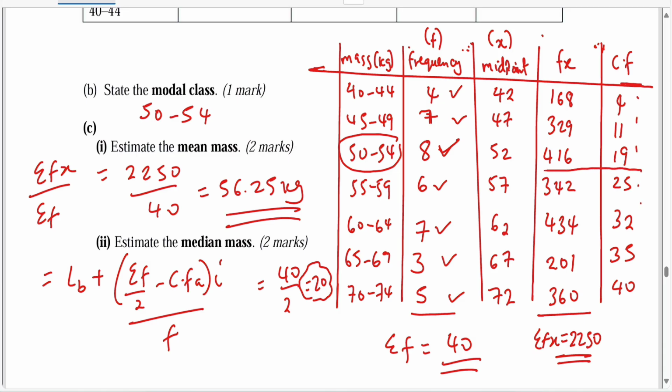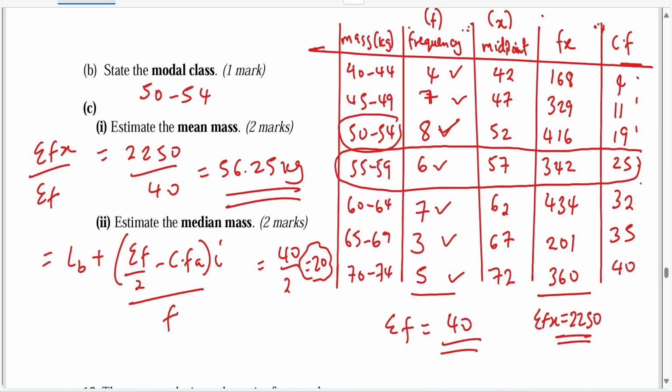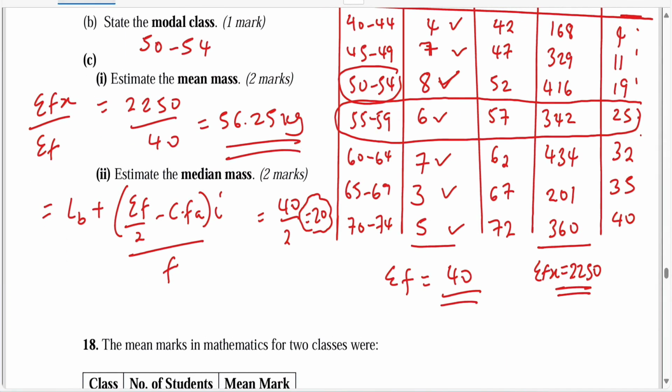Iko kwa 25. So anza kuandika. Let us start writing it down. So hapa sum of f divided by 2 tushapata 20 minus cumulative frequency above, which is 19 divided by frequency yetu, which is 6.